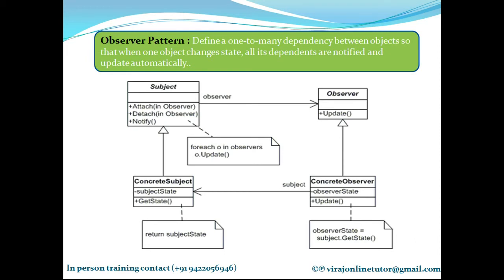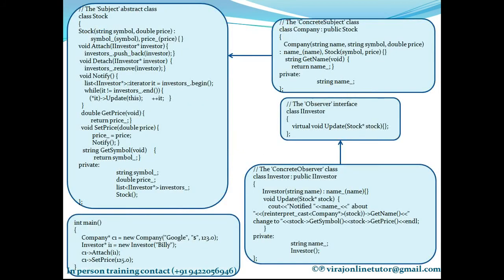Fine. So this is an example of a great program that I have for your reference. It will explain how the observer pattern is implemented. Over here I have a stock class, and it's all about stock markets.